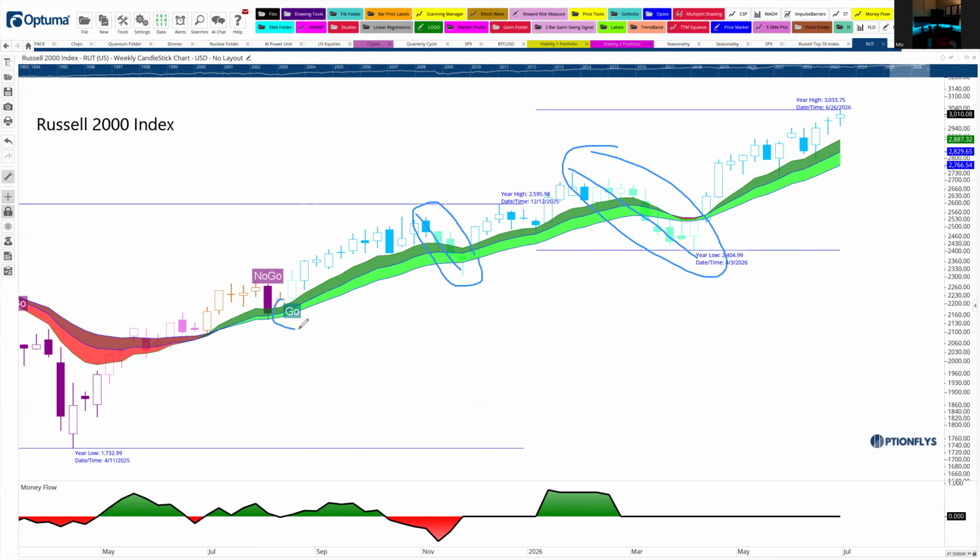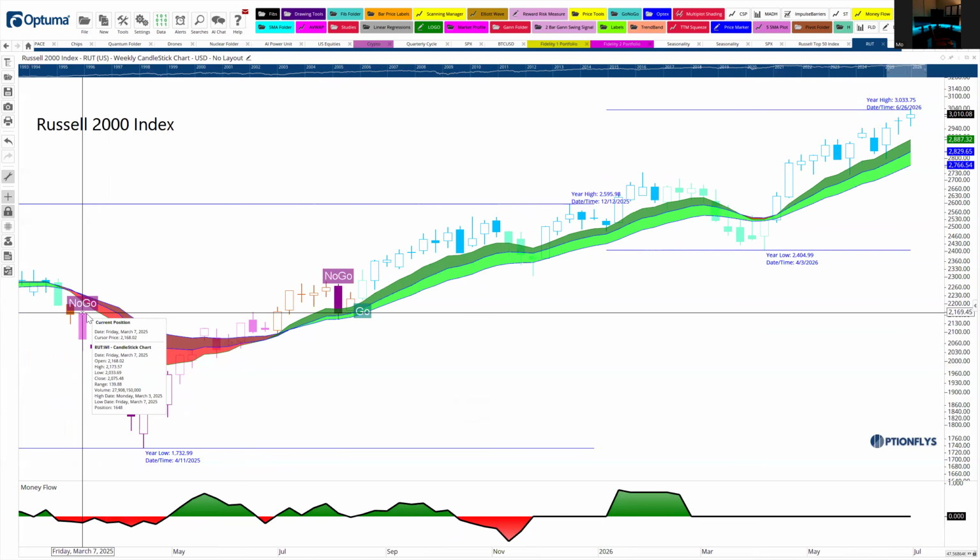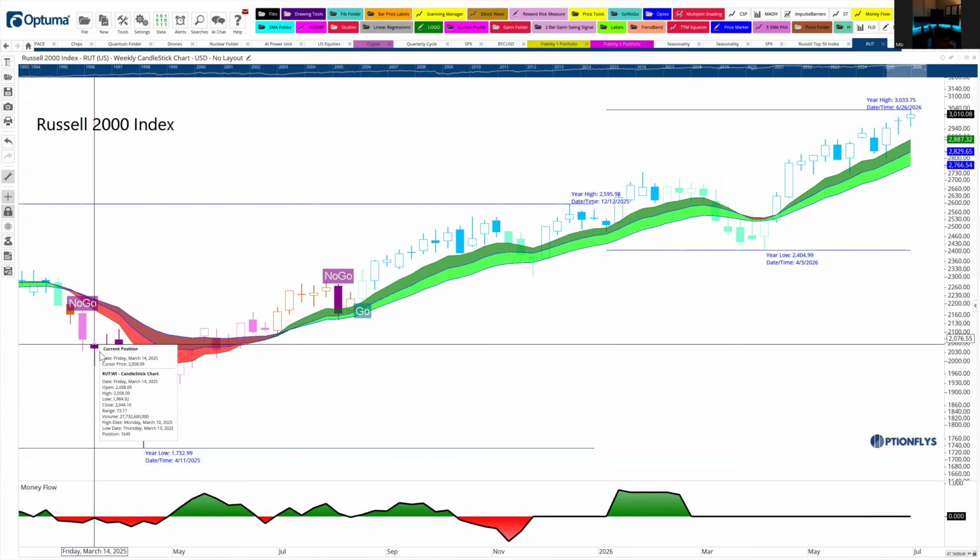This one does not. Once it goes, you go. The only time you're gonna get out on a weekly is when you're gonna have the no-go. The no-go appears when you're gonna have this purple candle, like here. See?